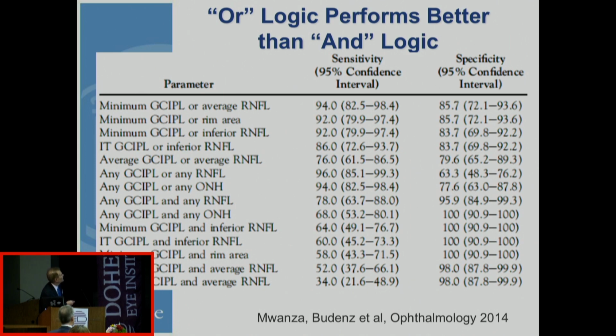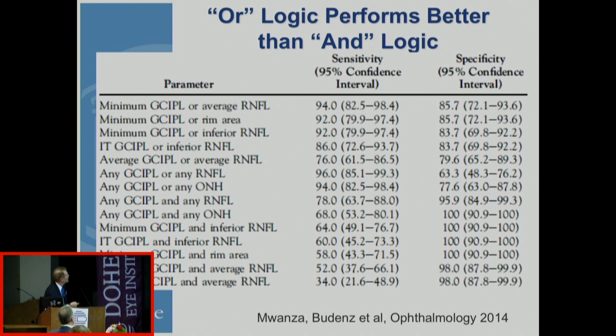If you require the minimum GCIPL thickness, which we said has the best discriminating ability in the ganglion cell parameters, or average RNFL, which has the best discriminating ability of any of the RNFL parameters, you end up with a sensitivity of 94% and a specificity of 85% if you use OR.